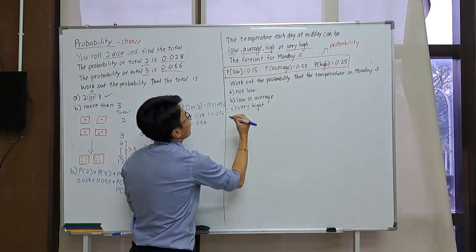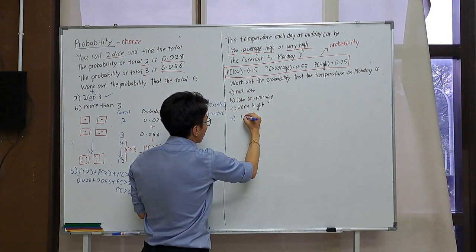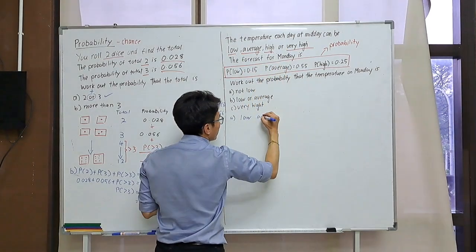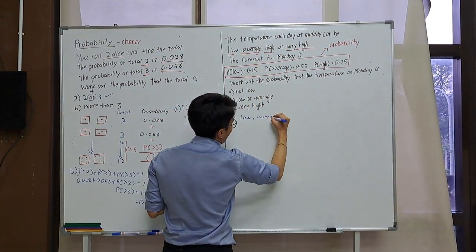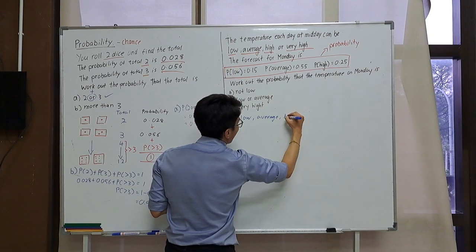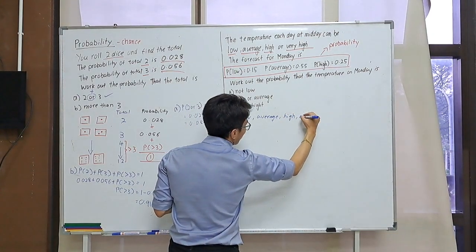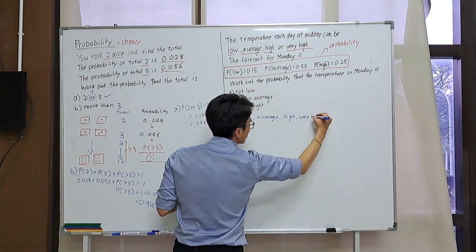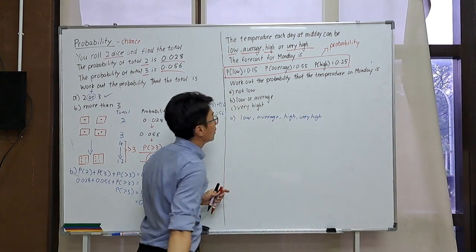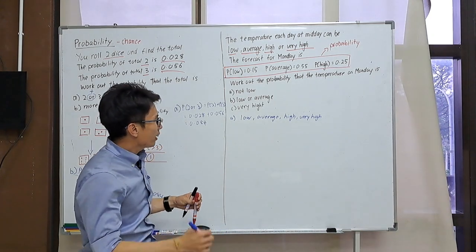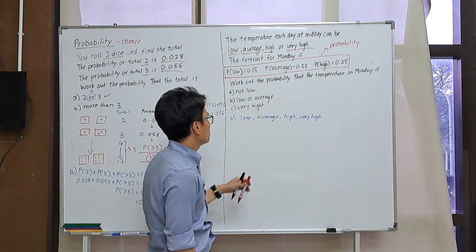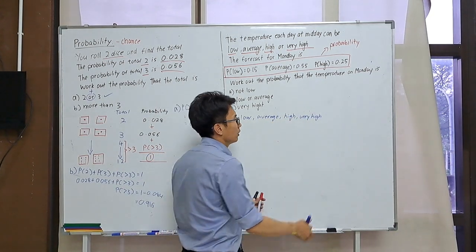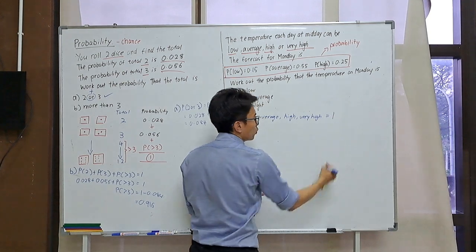I have low, I have average, I have high, and I have very high. And when we talk about probability, when I add all these probabilities together, it gives me equals to 1.